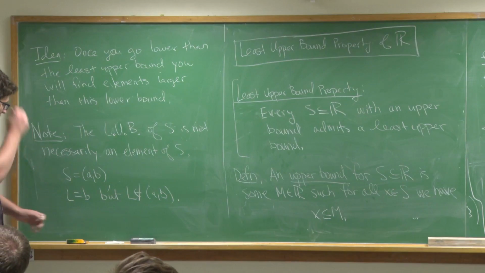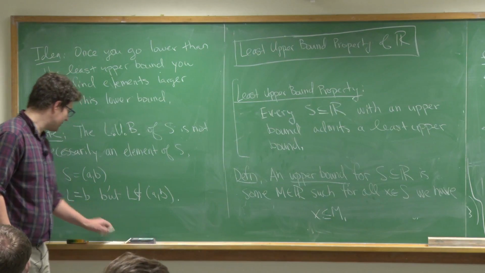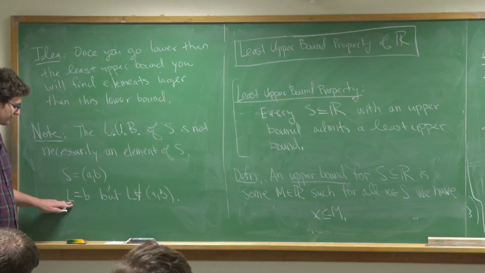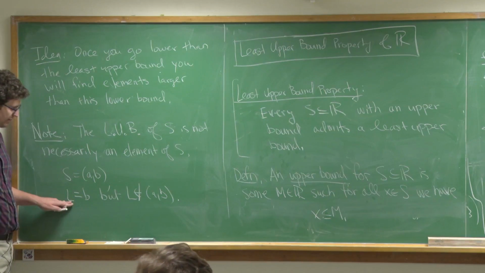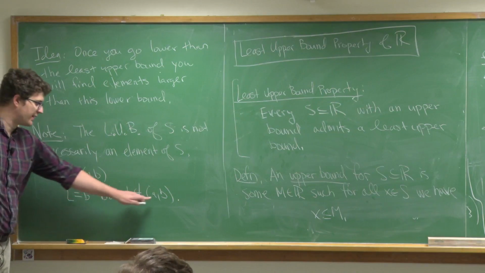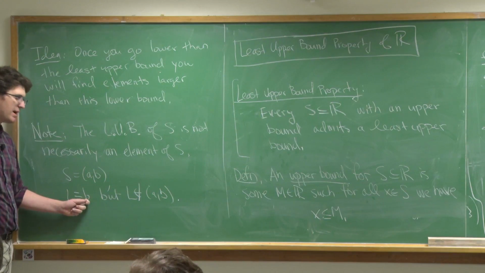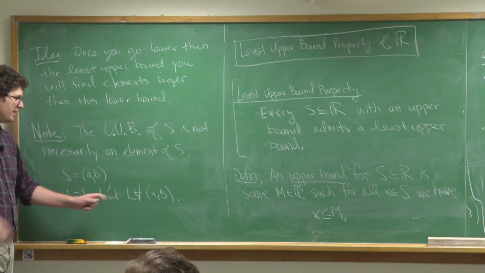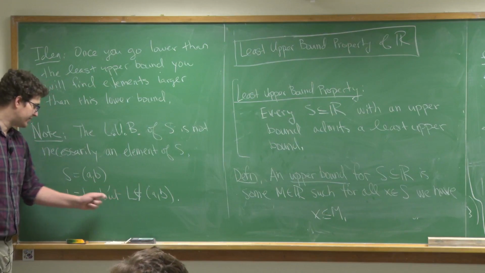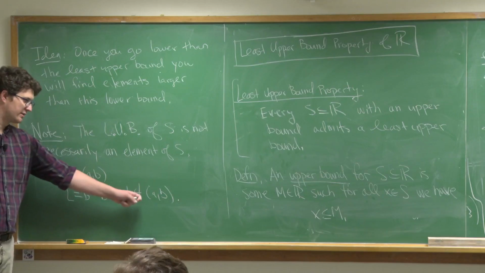In this example, once you go smaller than b, you're going to find something in here that's bigger than that number. If I go to b minus a little bit, I'm going to find something in here. This element is not necessarily achieved.